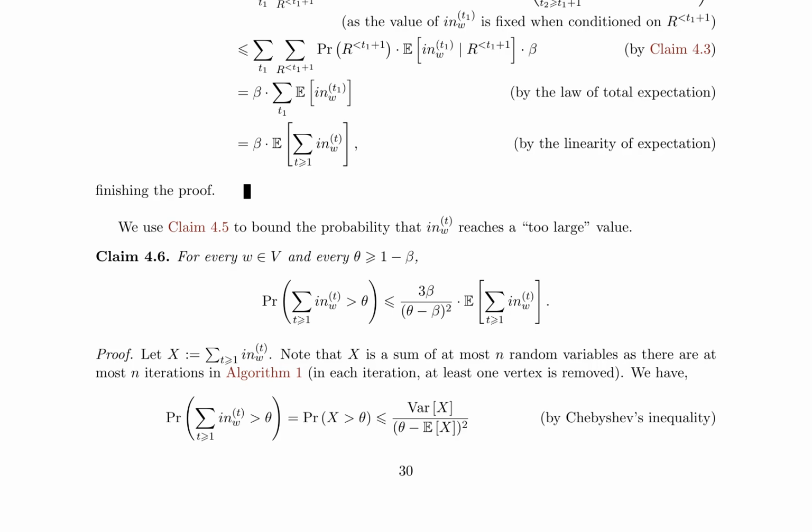A concentration inequality for the total value assigned to w is then derived, where theta is greater than or equal to 1 over beta.